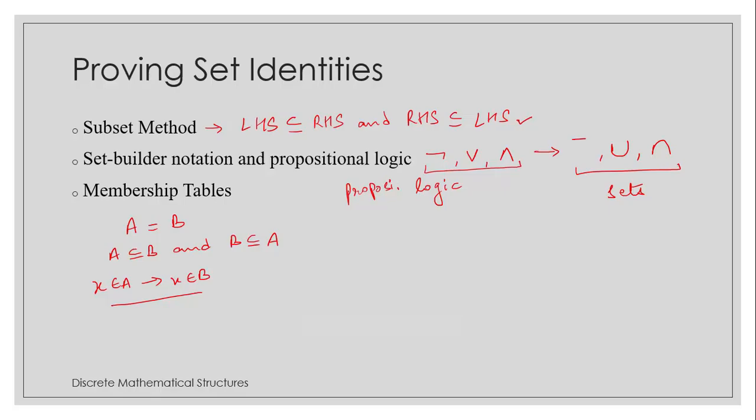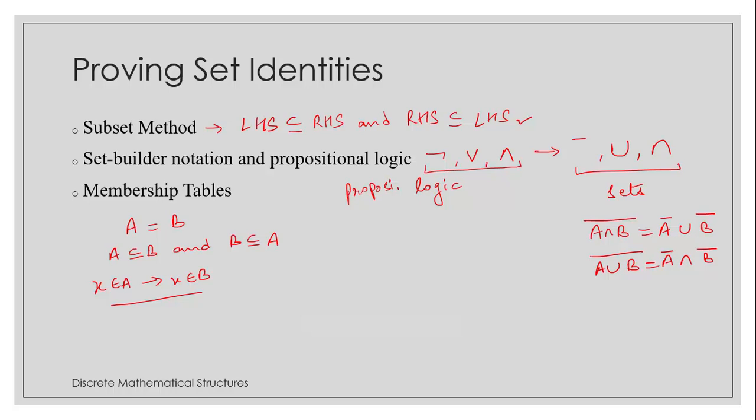Now corresponding to sets, we also have De Morgan's law in propositional logic. For sets, the law states that (A intersection B) complement is A complement union B complement, and (A union B) complement is equal to A complement intersection B complement.